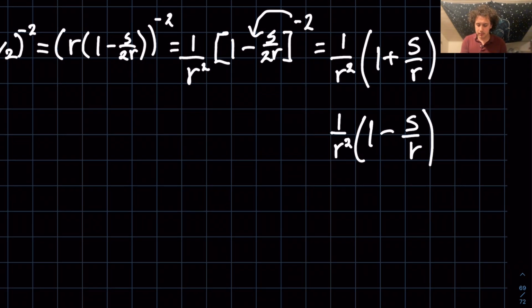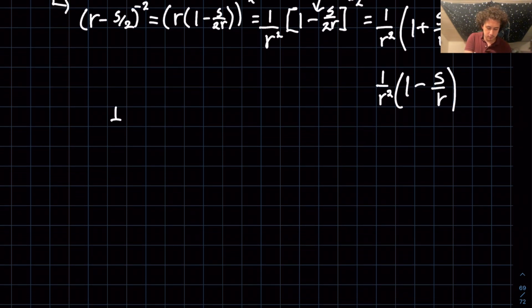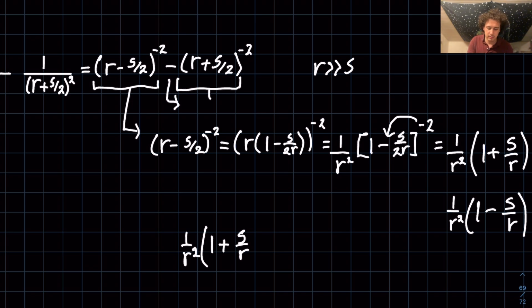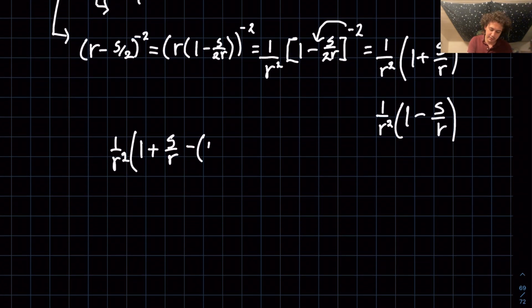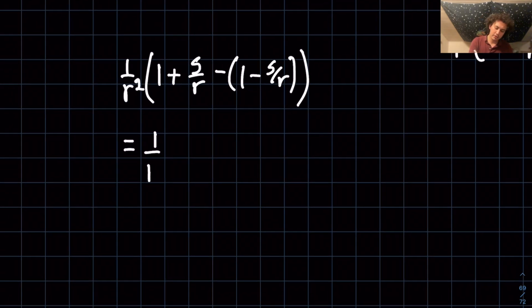And so we also get that these two added together, we can factor out that 1 over r squared. Then we have that 1 plus s over r, and remember, we're subtracting off this second term. So we're going to subtract off this 1 minus s over r. And if you do your algebra neatly and nicely, you get this 1 over r squared times this 1, and this becomes a negative 1, so they cancel.